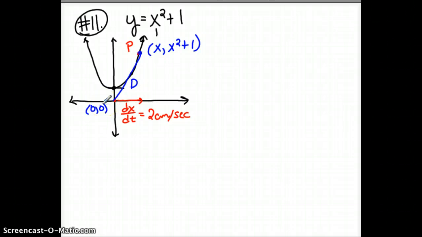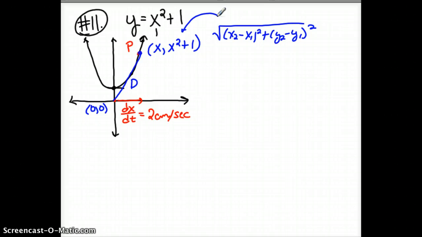My equation is for D, the distance between the origin and point P. So I'm going to use the distance formula. And remember, your distance formula is the square root of (x2 minus x1) squared plus (y2 minus y1) squared, from Algebra 1 and Algebra 2. So I'm going to apply that formula to this situation.